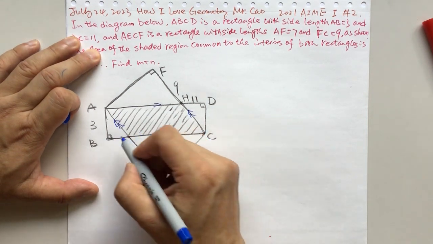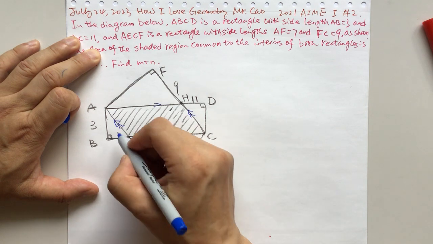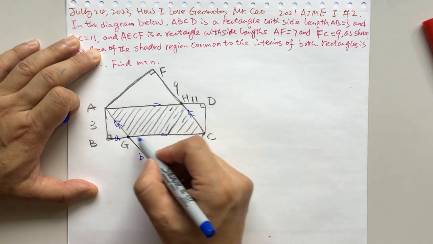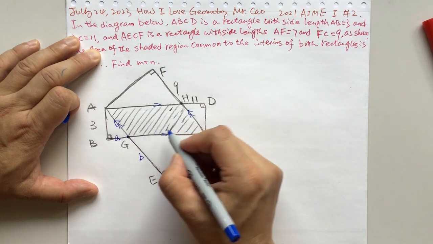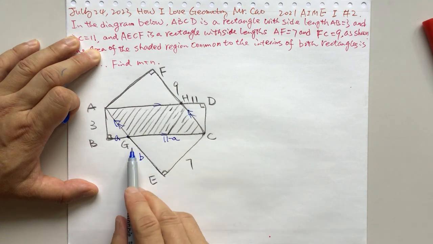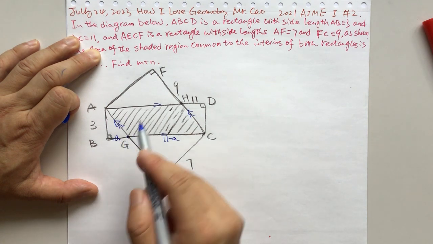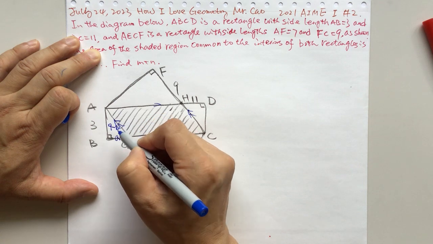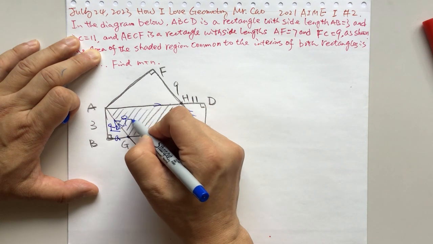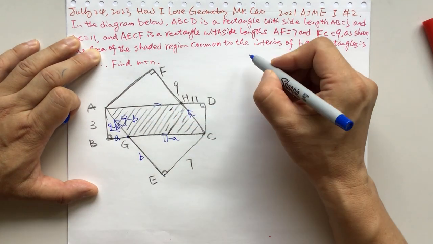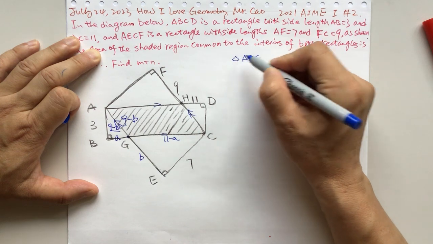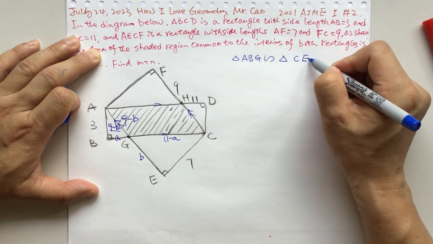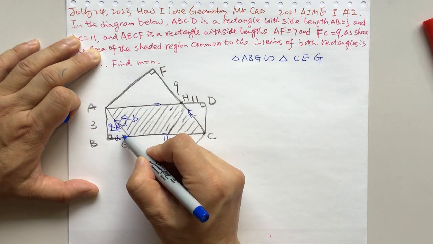For example, let us suppose BG equals A and GE equals B. Then GC is 11 minus A, and if GE is B, then AG will be 9 minus B. And we know triangle ABG is similar to triangle CEG, because of the right angle and the vertical angle.